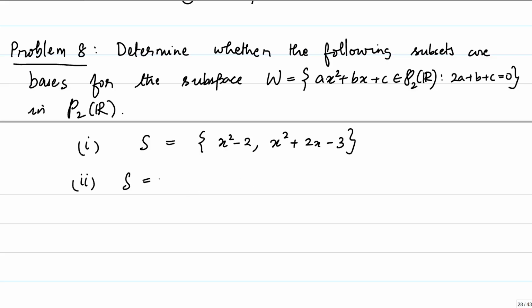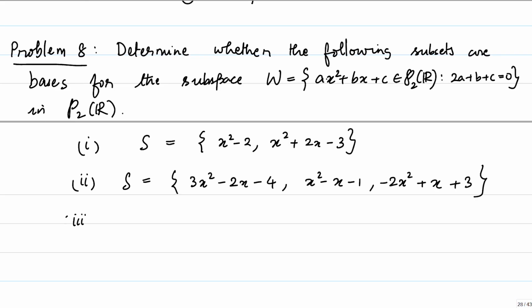Then S is equal to 3x square minus 2x minus 4, x square minus x minus 1, minus 2x square plus x minus 2, and the third one would be S to be say x square minus 2, minus 2x square plus x plus 3.